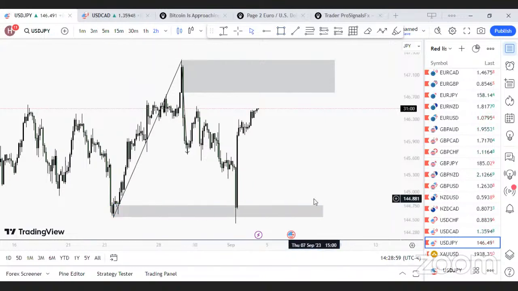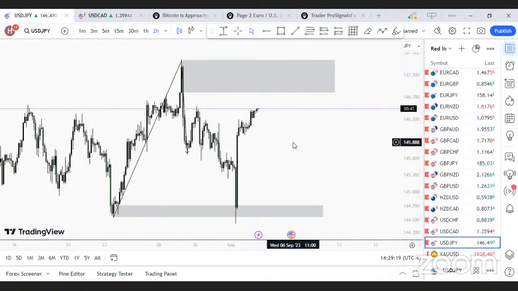When this market came to this area, it started making a move to the downside. When it got to that same area again, the market started going up. And again, we have this here. When this market gets to this point also, it will start selling. That is just the easy way to trade the forex market.